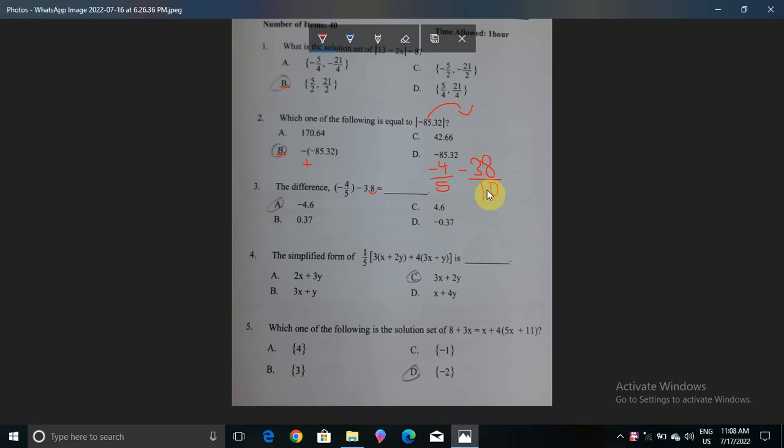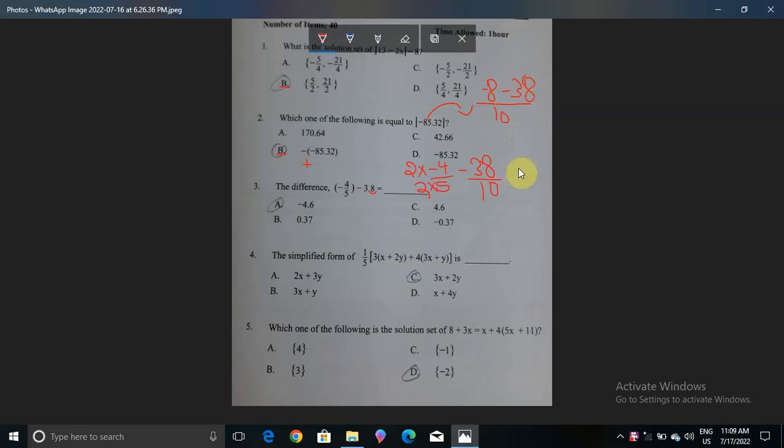Then here we want the denominators to be equal, so we multiply both numbers by what? By 2. Why? Because 5 times 2 will give us 10. So that means we will have the same denominator. Then 2 times negative 4 will be negative 8, all of them over 10. And here we have negative 38.